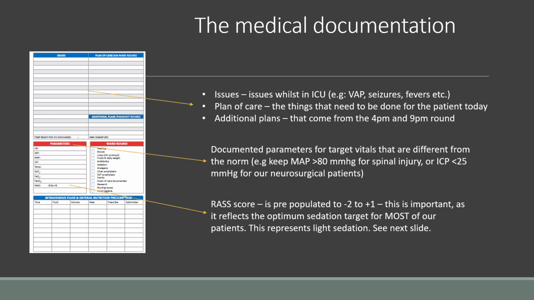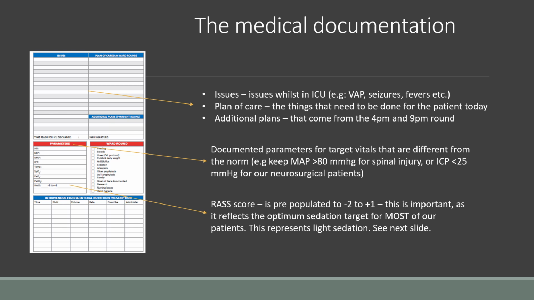Now, you'll just see there something called a RAS. This is the Richmond Agitation and Sedation Score, and this is how we manage our sedation for our mechanically ventilated patients. It's pre-populated on this chart for very good reason, and this is the optimum sedation target for most of our patients.